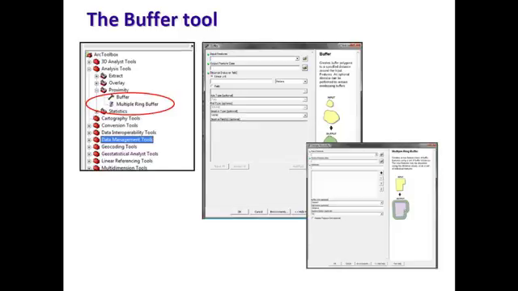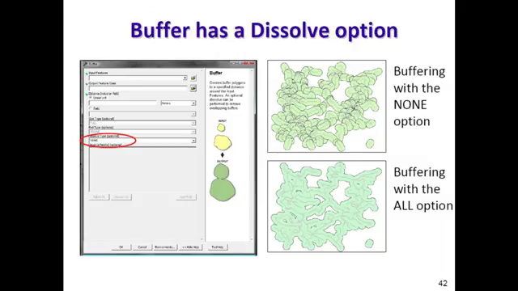So you guys are familiar with this guy, right? Your buffer tool. And did you know about the dissolve option? Were you guys working with the dissolve option in your labs? So what dissolve does, maybe I'll turn this guy off.